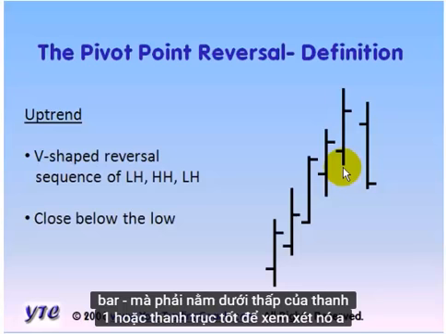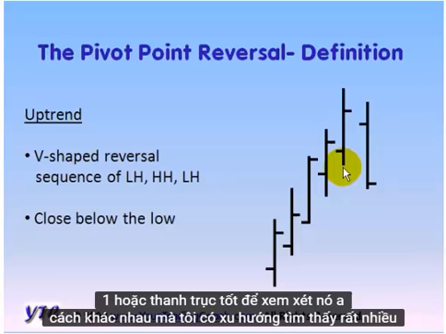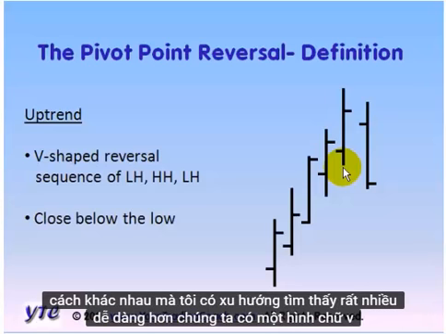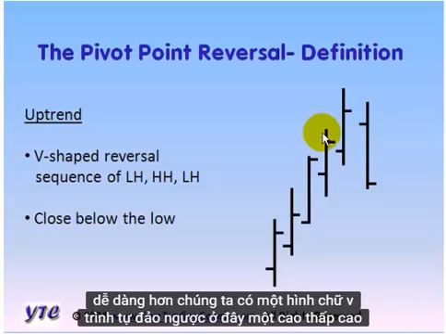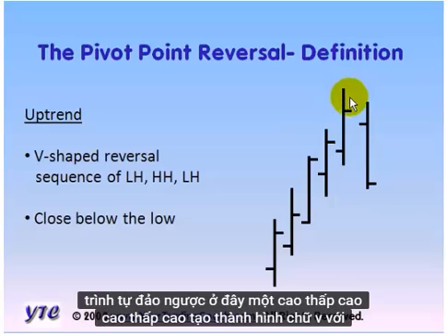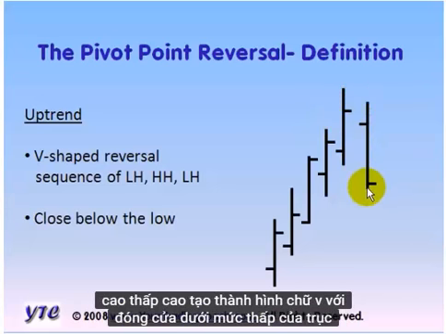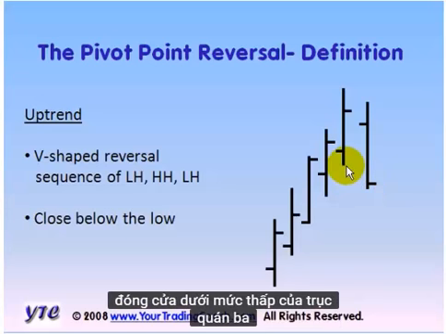Or to look at it a different way, which I tend to find a lot easier, we have a V-shaped reversal sequence here. A lower high, higher high, lower high, forming a V shape with the close below the low of the pivot bar.